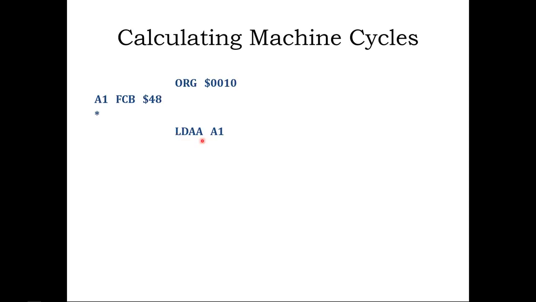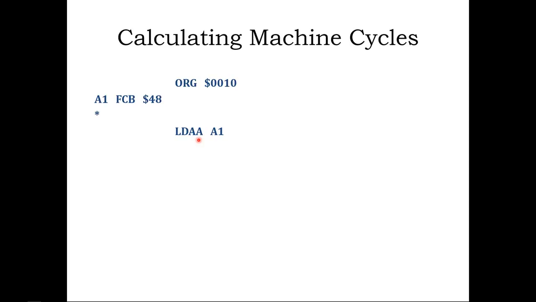The catch is, if you look at line 3 carefully, look at this A1 label. From here we cannot tell what this line is. I'm saying, is this an immediate instruction, or is it direct or extended? We don't know. Here is the problem. If you don't know the addressing mode, you cannot calculate the machine cycle.